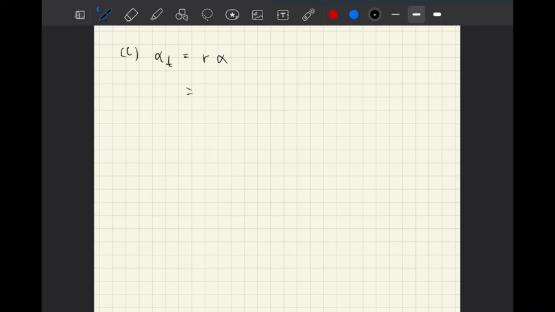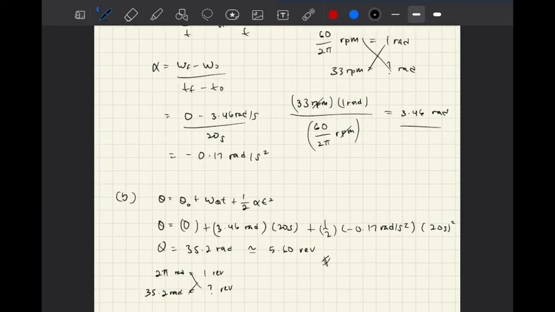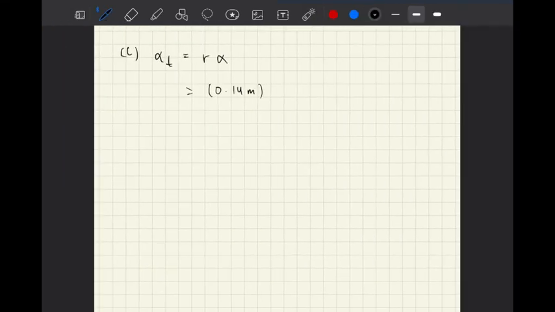The radius is 14 centimeter, converted to meter will be 0.14, and we plug in the acceleration from the previous question. Final answer will be 0.024 meter per second squared.